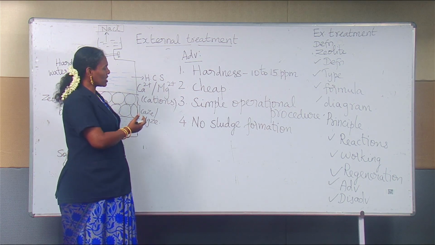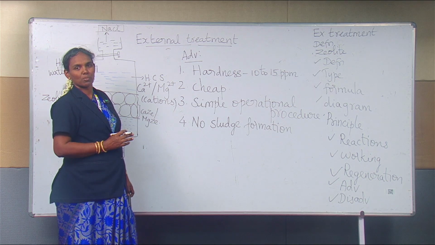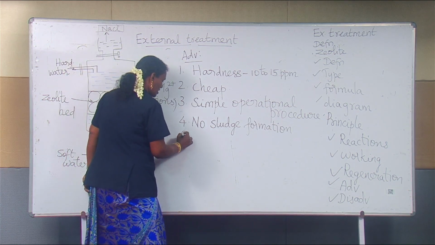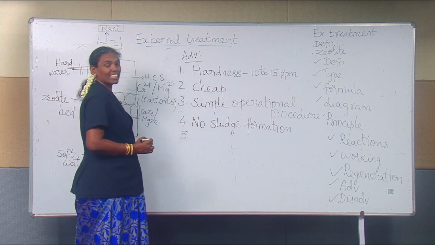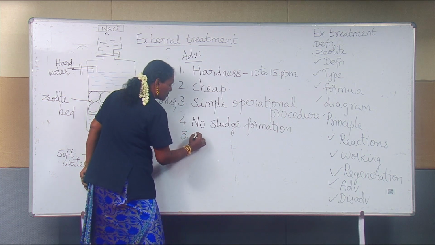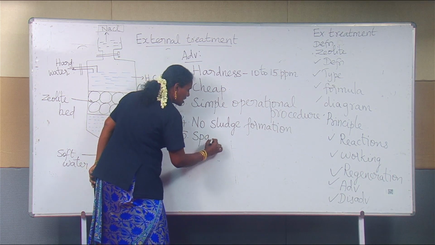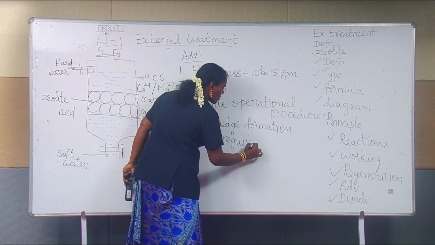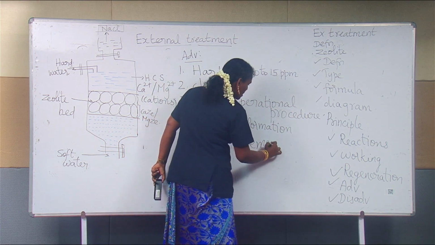But here no such sludge formation takes place, so this method is good. Then the fifth one is space requirement. The space requirement of the setup is minimum.